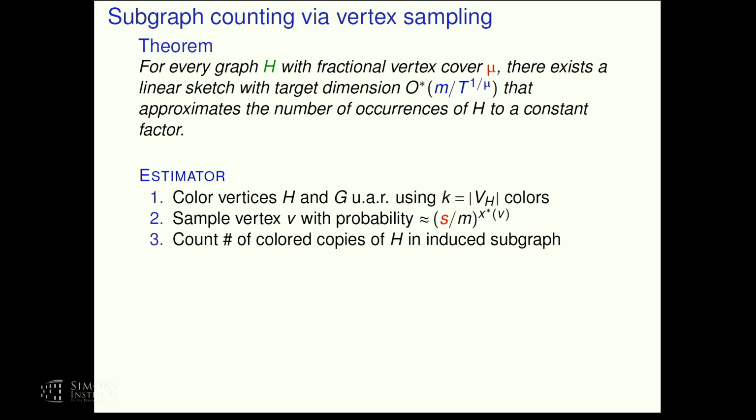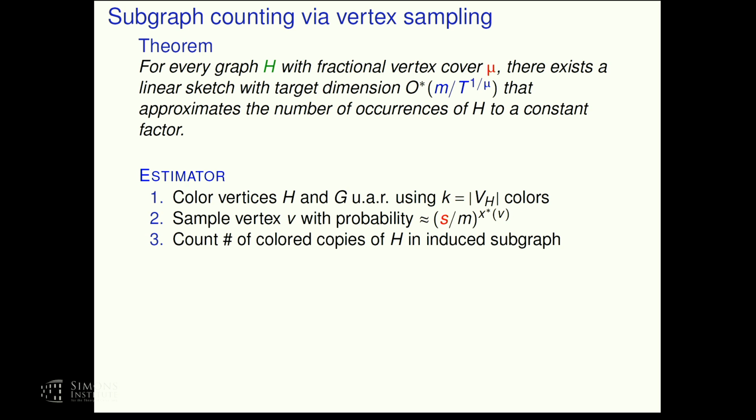Okay, so let me just say a couple of words about the estimator. The estimator works roughly as follows. One first colors the data graph and the query graph, using colors 1 through the number of vertices in the query graph. So we just randomly give names to vertices of both graphs.